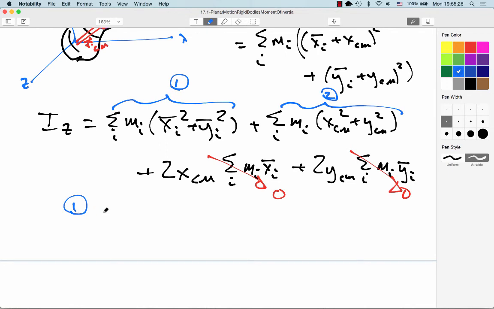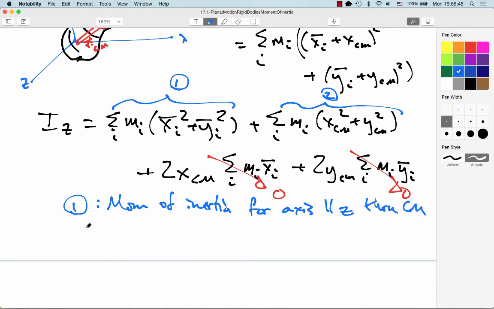We realize that 1 is the moment of inertia for an axis parallel to z through the center of mass. And 2 is the moment of inertia for a point mass about the z-axis, located at the center of mass.